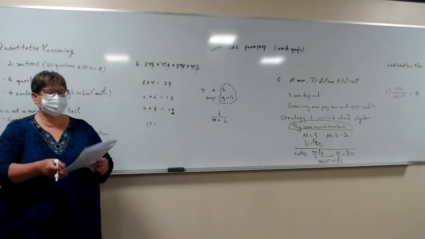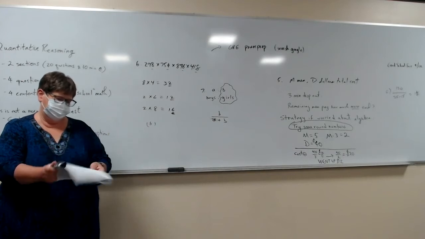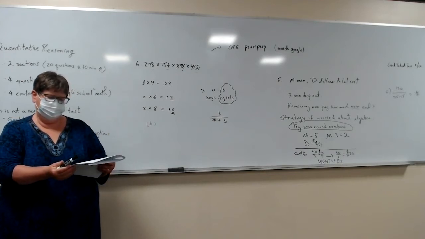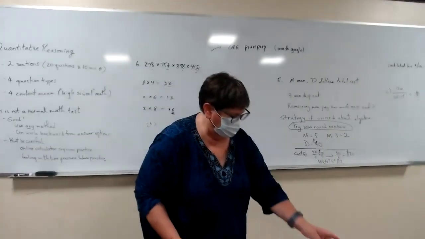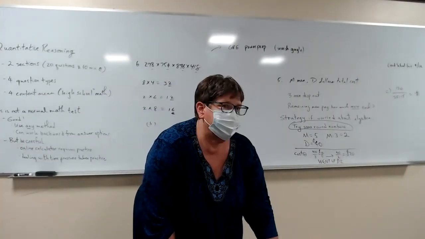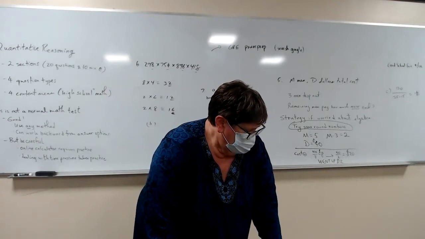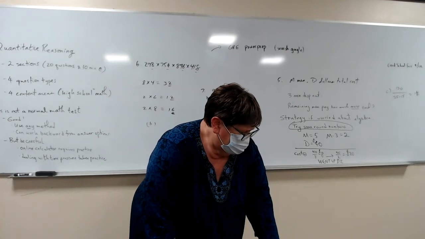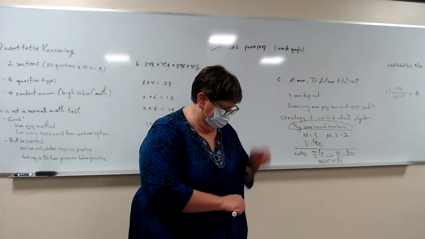number 9 is interesting. It's got a little bit to do with statistics. The median of 5 numbers A, B, C, D, and E are distinct integers, so they're all different values. The median is 16. What is the minimum value of their total?